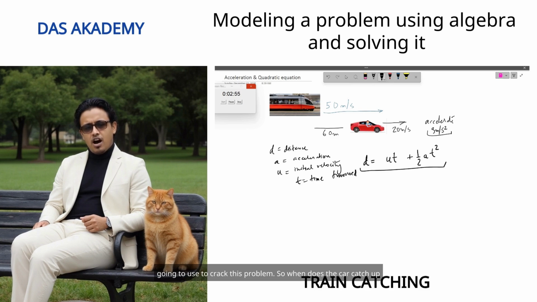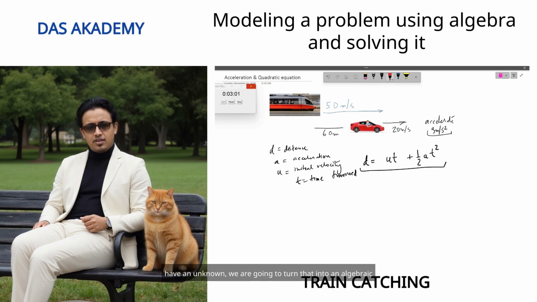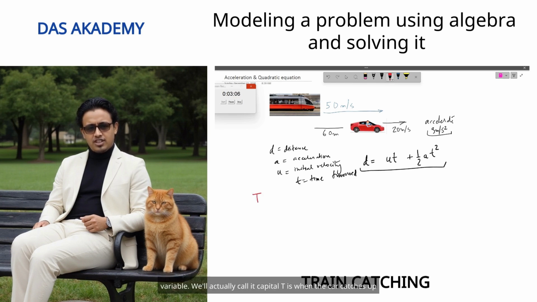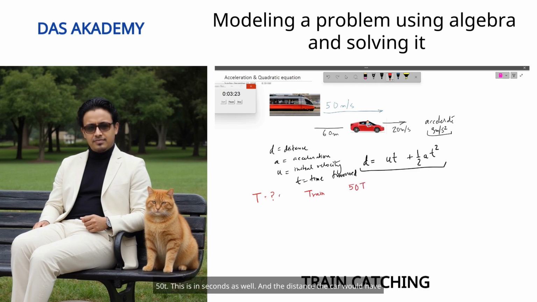So when does the car catch up with the train? Whenever we have an unknown, we are going to turn that into an algebraic variable. We'll call it capital T, is when the car catches up with the train. So in time t, the train would have gone a distance of 50t. This is in seconds as well.